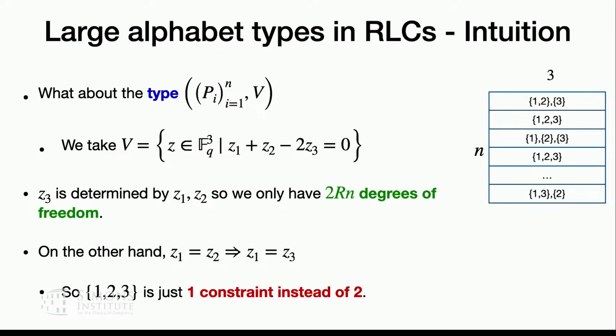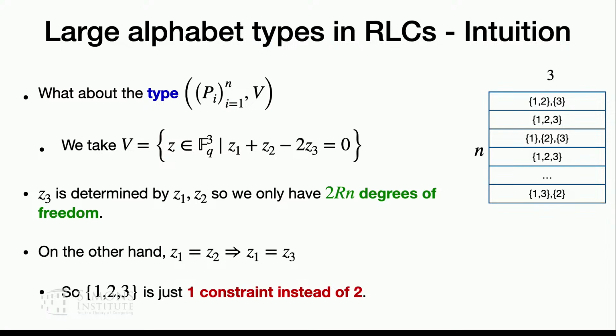So that means that this sort of partition, 1, 2, 3, now becomes 1 constraint instead of 2, because 1 equals 2 already gives us 1 equals 3 as well. So what this does, by imposing this relation, on one hand we remove n degrees of freedom. On the other hand, we remove a number of constraints. How many exactly?